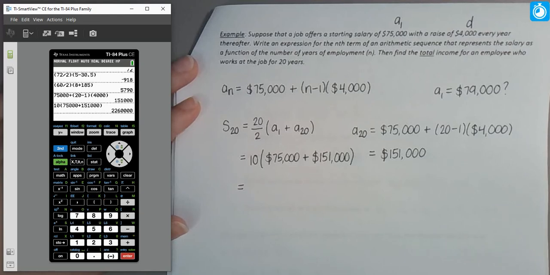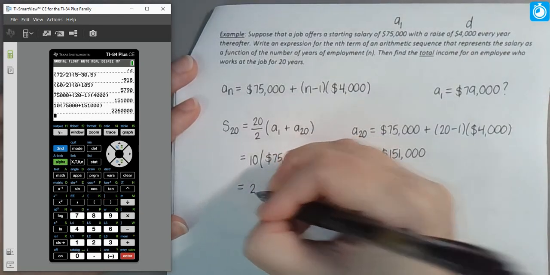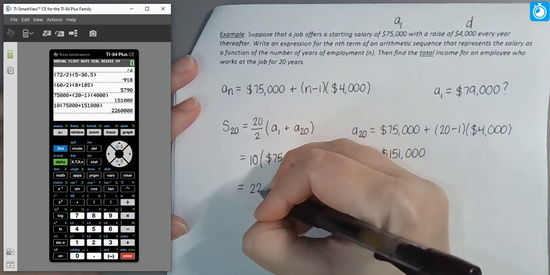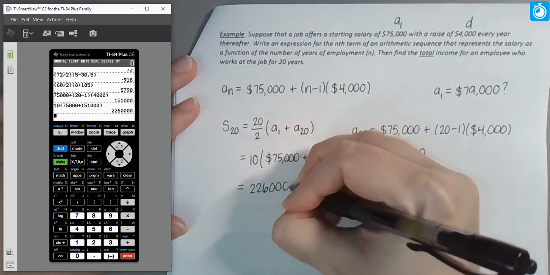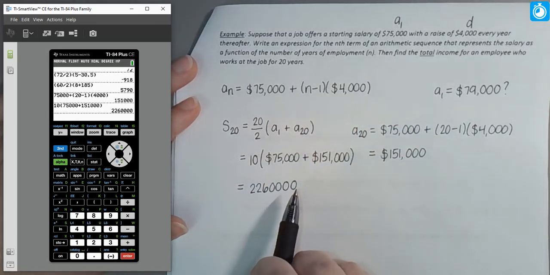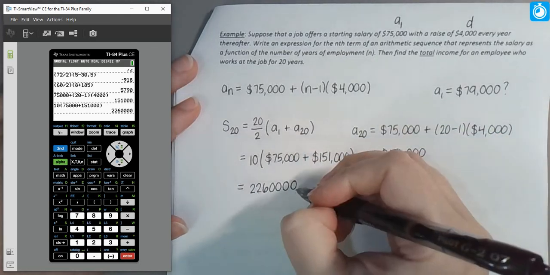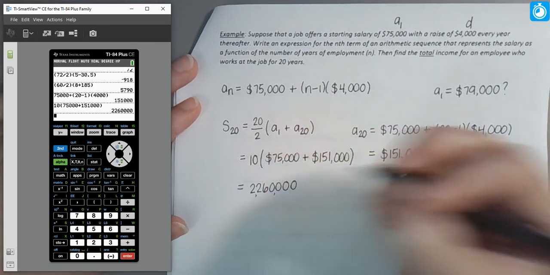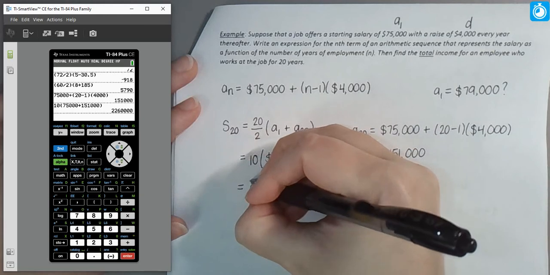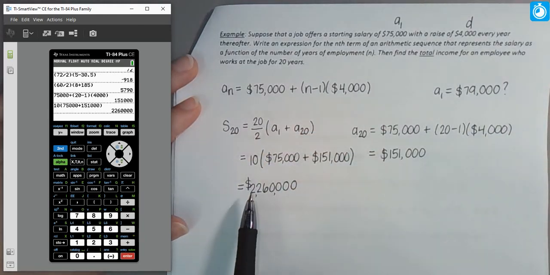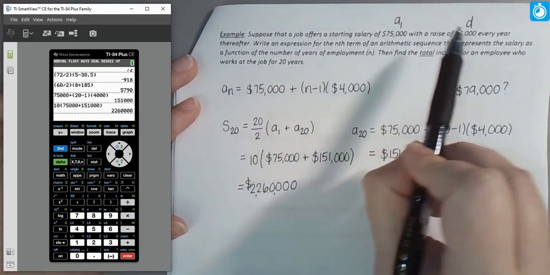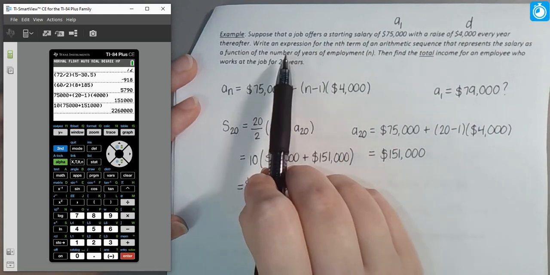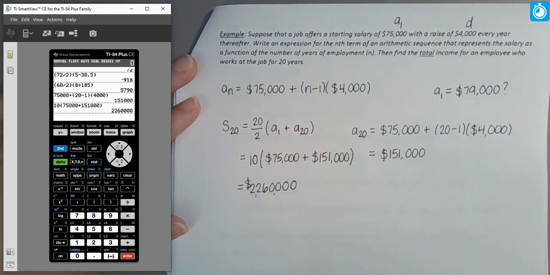So be careful with your zeros. Write all of that down and then determine where your commas go. So 2, 2, 6. And then it looks like we have 4 zeros, so 1, 2, 3, 4. And you always start at the end, smallest place value, and add in your commas in threes. So there we go. And we're talking about a dollar amount, so that's going to be $2,260,000. That's the sum of the annual salaries if we start at $75,000 and get a $4,000 raise. After 20 years, this is the total amount of salary.